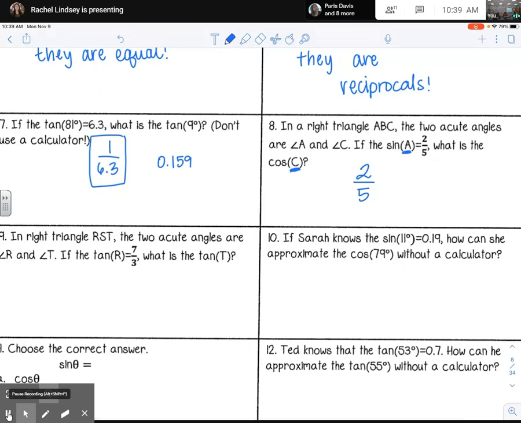In a right triangle RST, the two acute angles are R and T. If tangent of R is 7 over 3, what's tangent of T? 3 over 7, you've got to flip them.